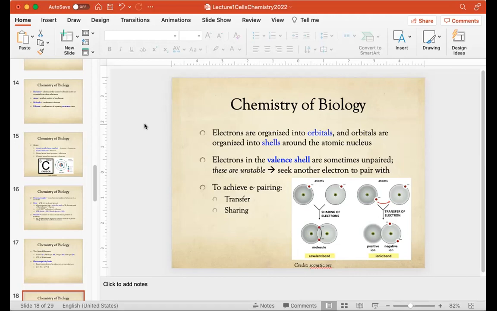Now, why do we care about that? Well, the outermost shell, the outermost location of electrons around an atom, is called the valence shell.